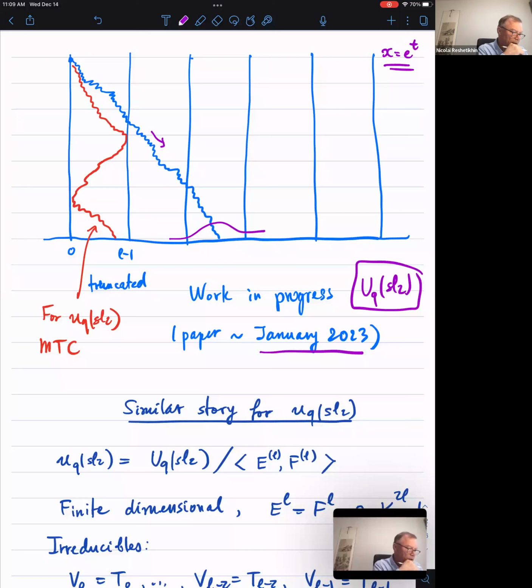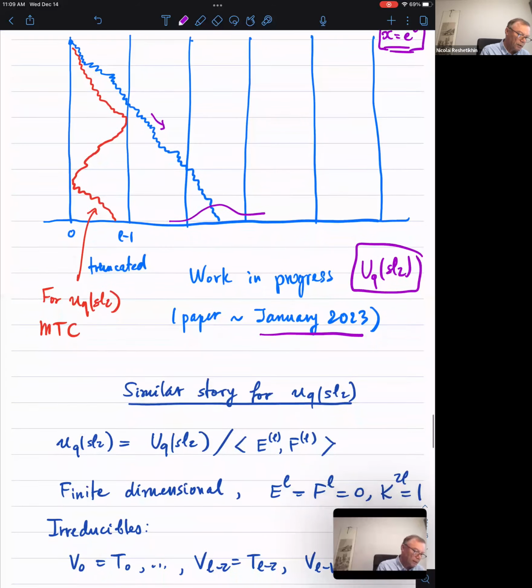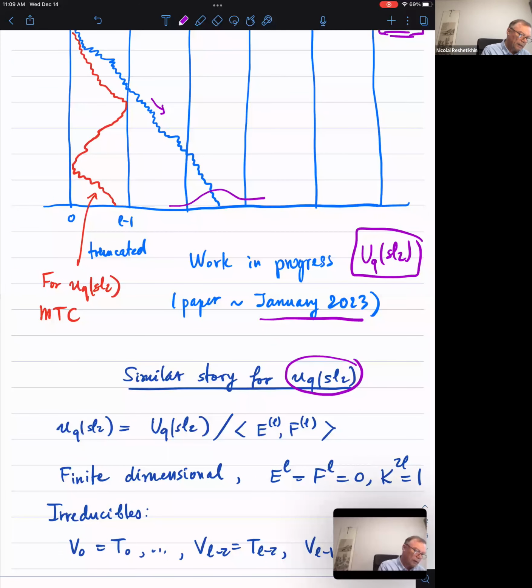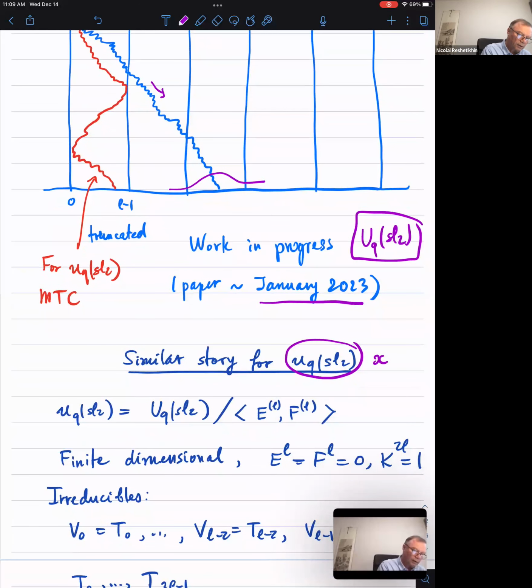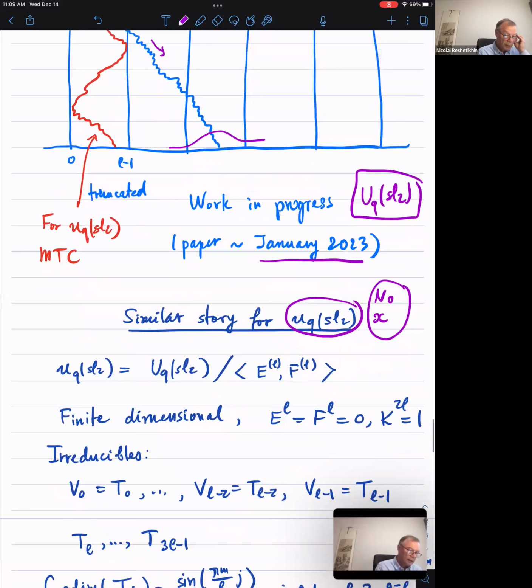The advantage of studying the big quantum group is that you can introduce this formal character, and so you have the character measure on these representations. In other words, you have a one-parametric family of probabilistic measures, and you can see that the result is kind of entertaining. If you study a small quantum group, there is no room for a continuous parameter x. So there are only two kinds of measures you can imagine.